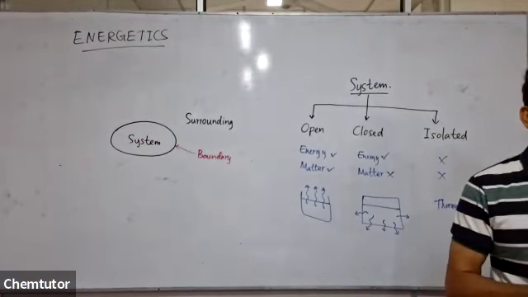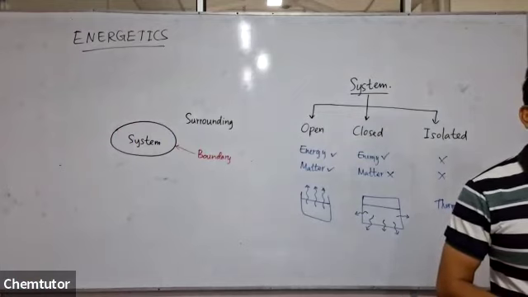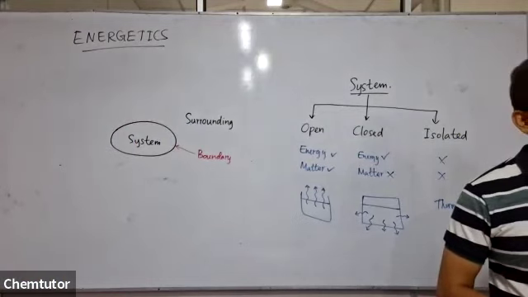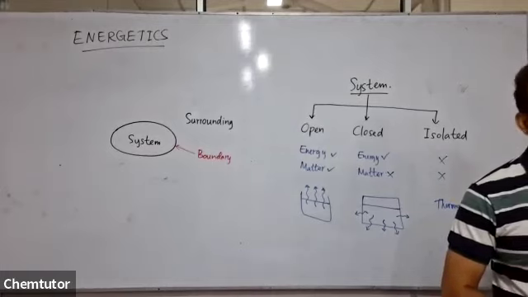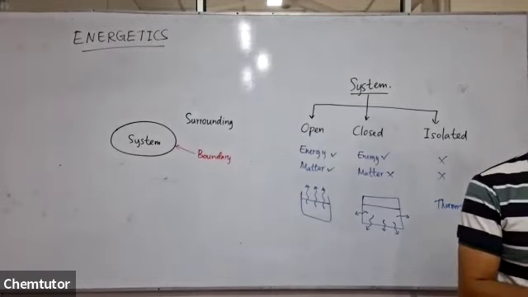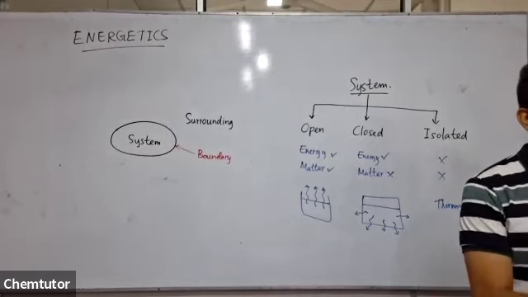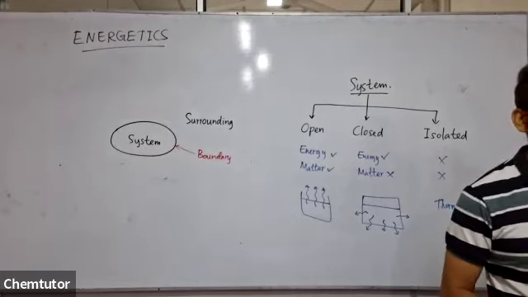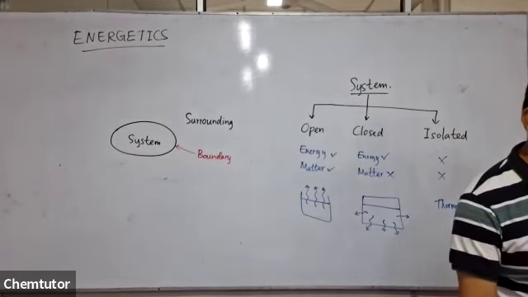So we cannot distinguish between the components. Then in heterogeneous ones, the components are in different phases. For example, a mixture of sand and water. We can easily see the sand particles and water. So those are heterogeneous.